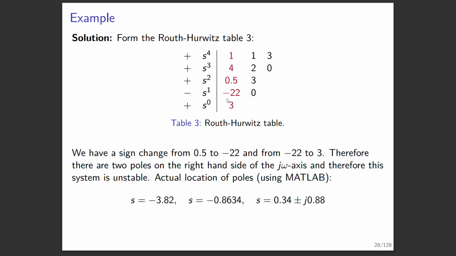So I have 2 sign changes, and that means that I'm going to have 2 poles on the right hand side of the j omega axis, and I have instability. If I use MATLAB and actually find those poles, I have negative 3.8, negative 0.86, and then these are the 2 poles on the right hand side, so I have instability.